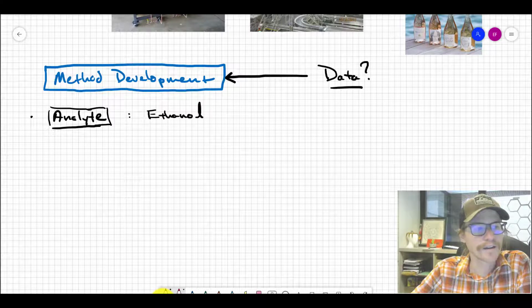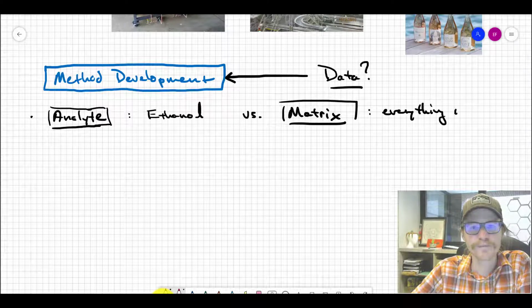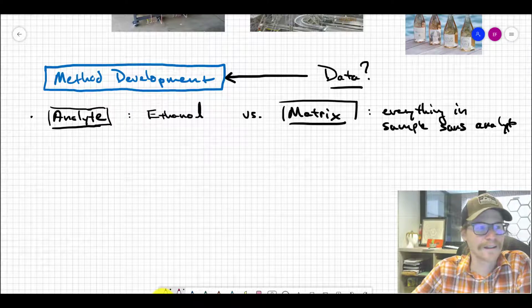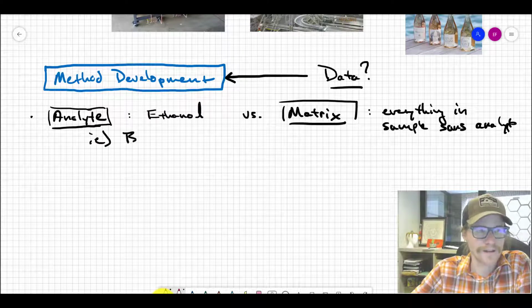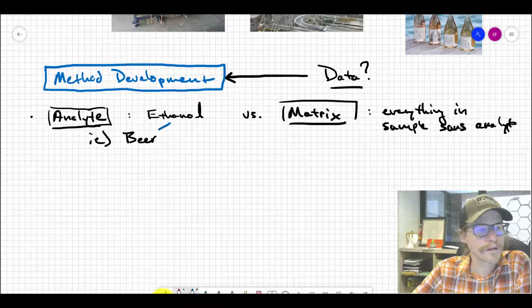When we're considering our analyte, we also need to consider this other component, which is called the matrix. Not the movie. The matrix is everything in the sample that is not the analyte, sans analyte. So in the example of, say, beer in this case, if we're going with this continuous example, ethanol is one molecule in beer. Beer is really complex. As you can imagine, most foods are.